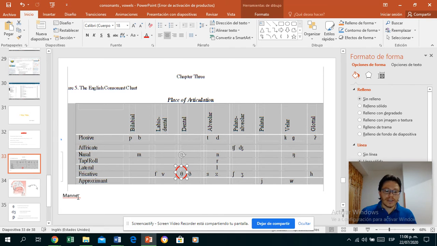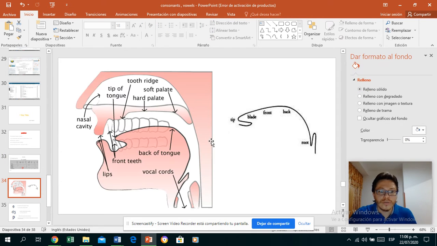And the place of articulation is more about the point of contact where the obstruction occurs. And we have several articulators like the tongue, the root part. I am going to show you. For example, the articulators are here the tongue, the palate, that is considered the roof of the mouth.